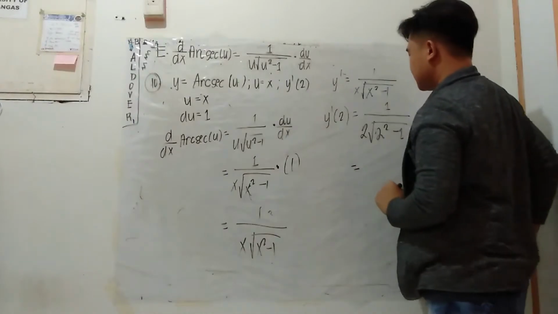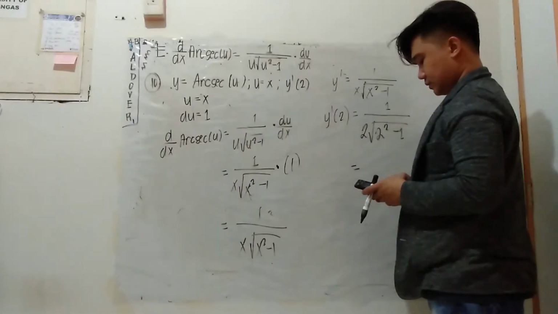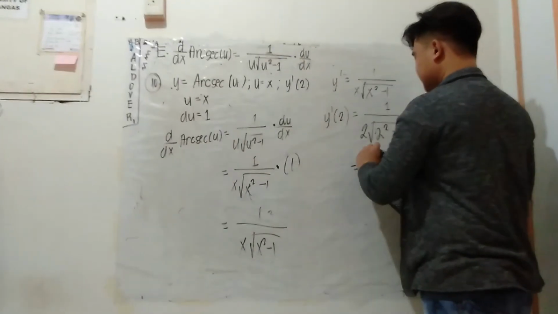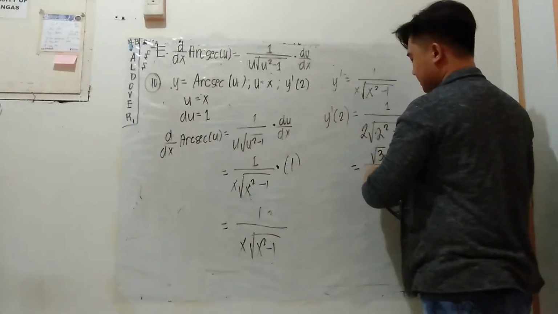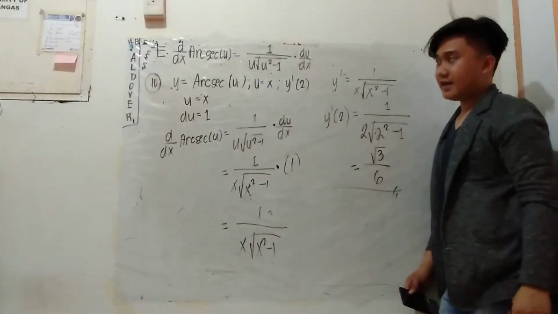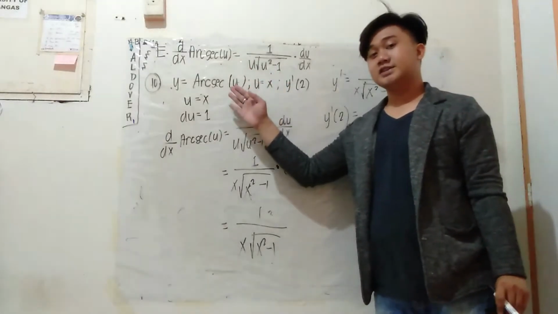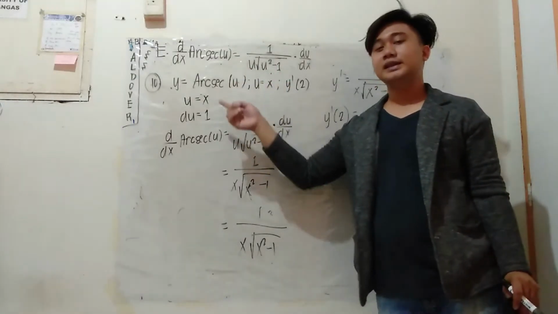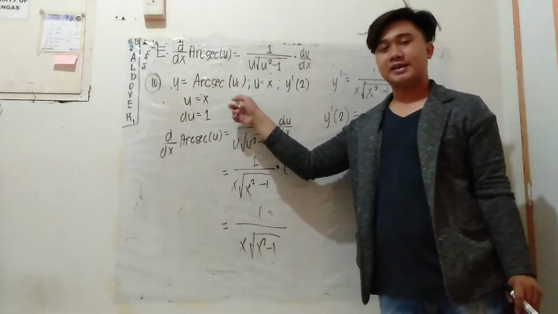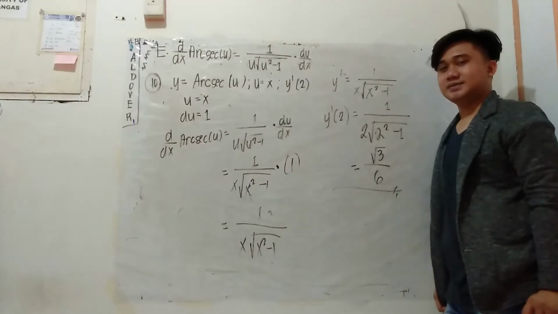That is equal to, if we press it on the calculator, square root of 3 over 6. Okay? And that is how we're going to solve this. Again, I changed the example, I made a mistake in writing earlier, because it's u cubed. It's just u. Okay? So, copy your notes.